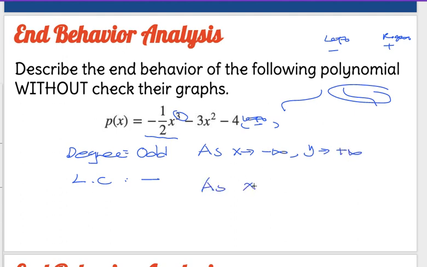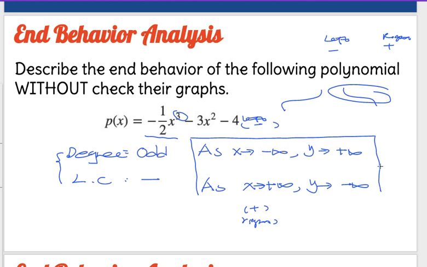As x approaches positive infinity, which is the right side, y, as you can see, is going down, so y approaches negative infinity. This is how we use the degree and the leading coefficient to figure out the end behavior, and this is how we set up the final answer.